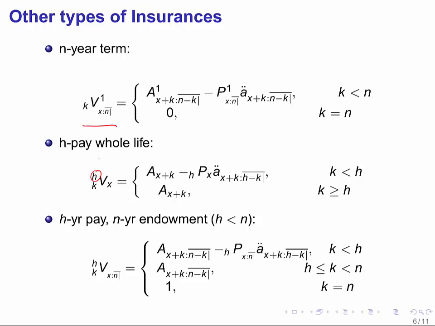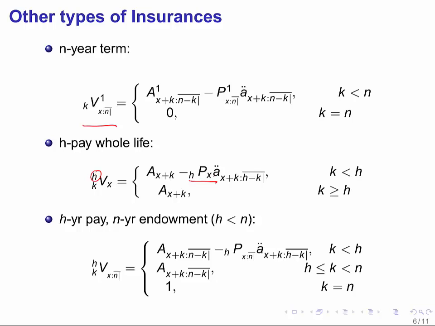So in this case, the APV of the future premiums will be just annuity due with H minus K years of term to a person aged X plus K, multiplied by the annual amount, which is the standard actuarial notation for an H pay whole life. That's a capital P with an H in the subscript to the left of capital P.